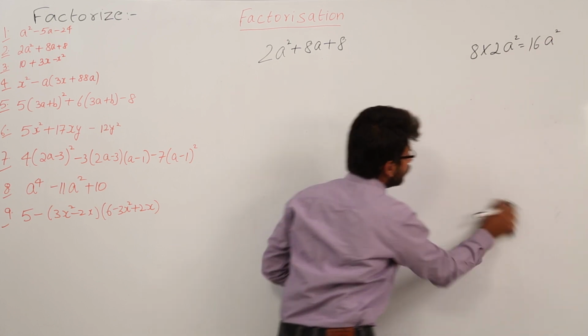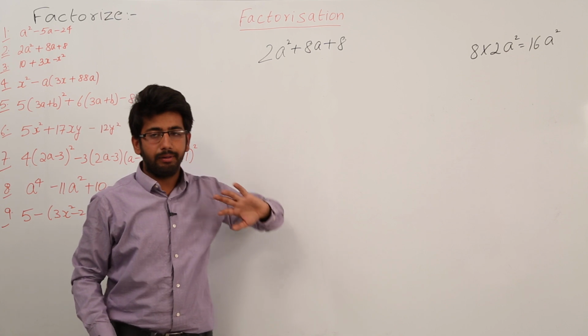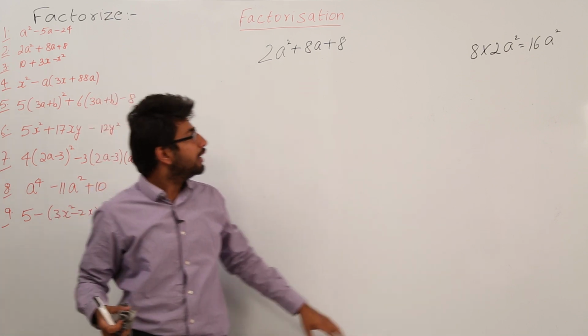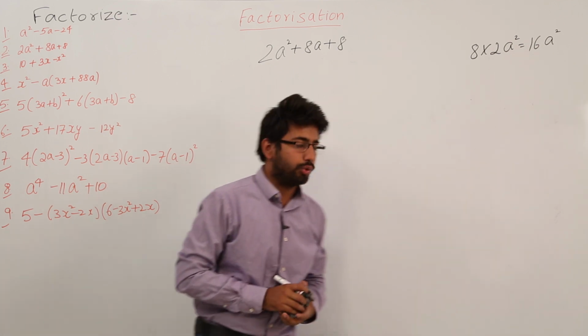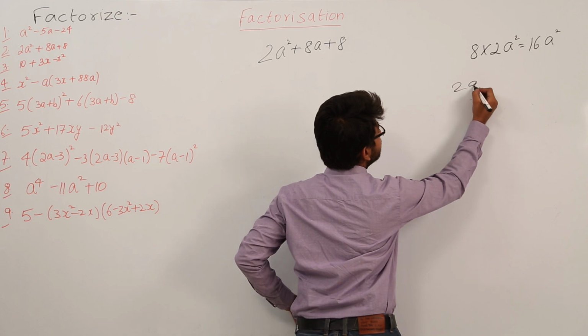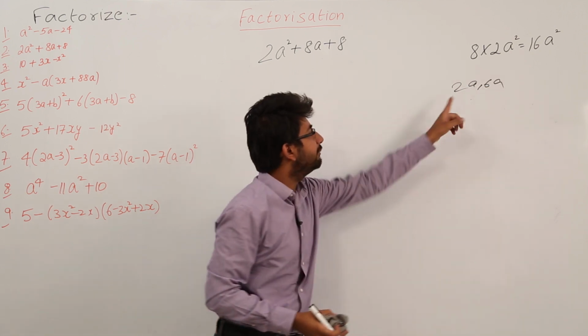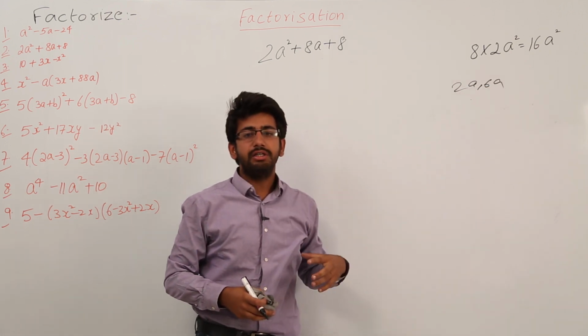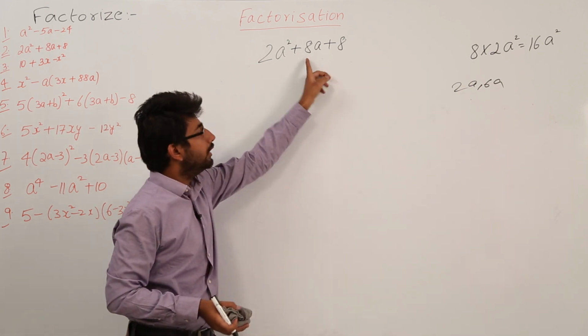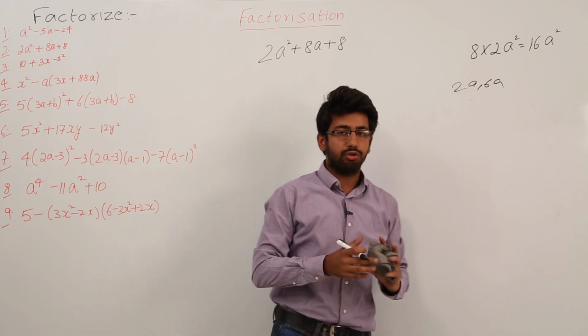Now think of the components of 8a which, when joined back, will give you 8a, and when multiplied will give you 16a square. Now can we have 2a and 6a? No, because when they are multiplied, they'll give us 12a square. Though when joined back they'll give you 8a, they won't give us 16a square.